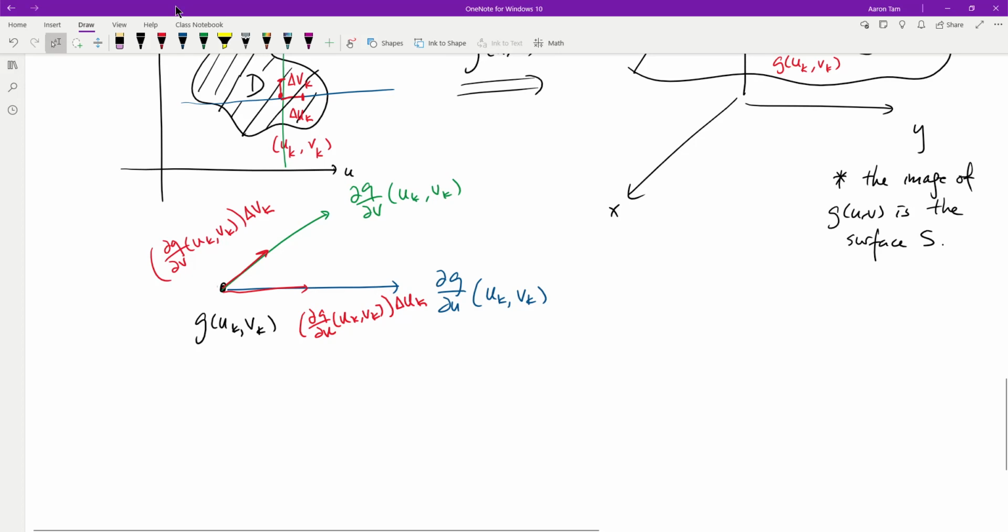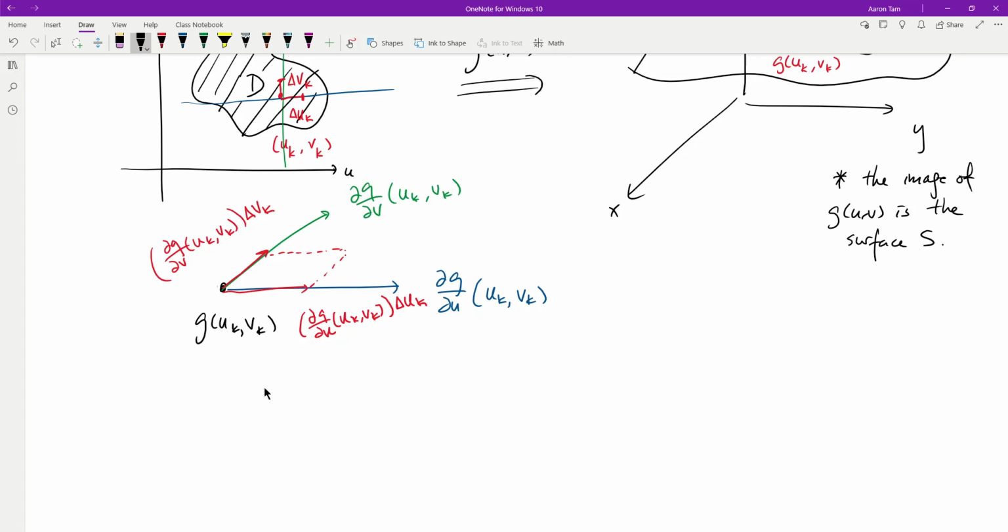So now with these two direction vectors, I can actually form a parallelogram. And I can calculate the area of this parallelogram by using cross products. You probably remember learning that back in chapter 1.